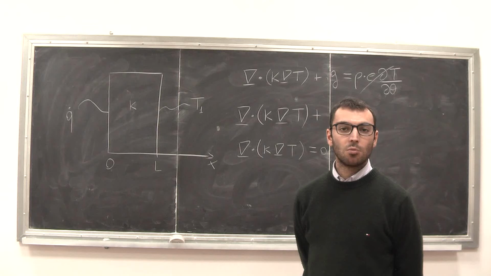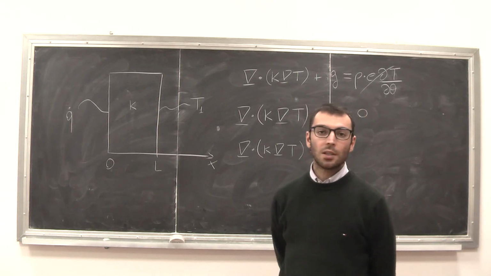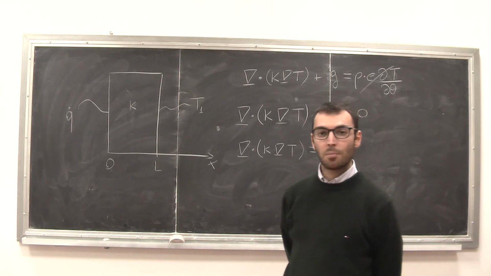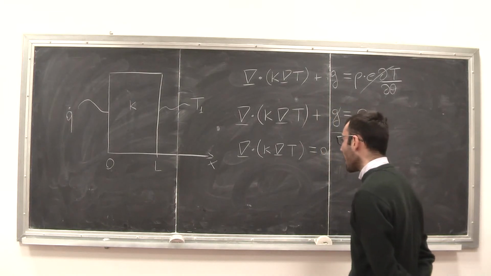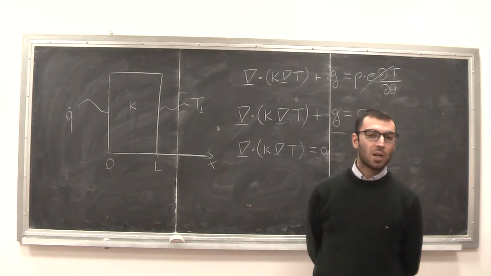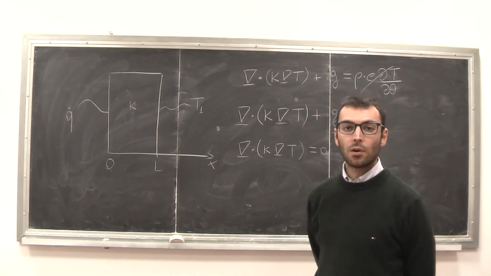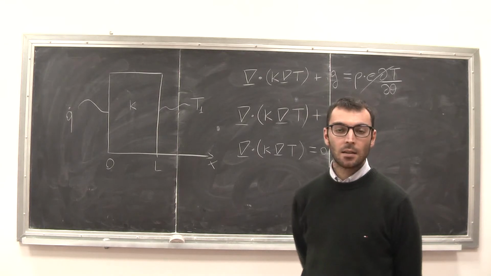So K should be constant with respect to the temperature, because if K is variable with the temperature and temperature is variable with the space variables x, y and z, K becomes a function of function, and therefore it is also a variable of x, y and z.